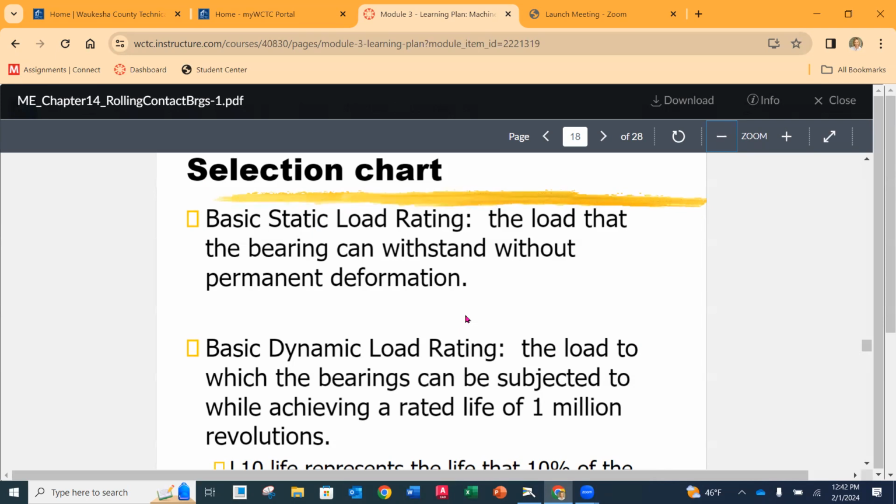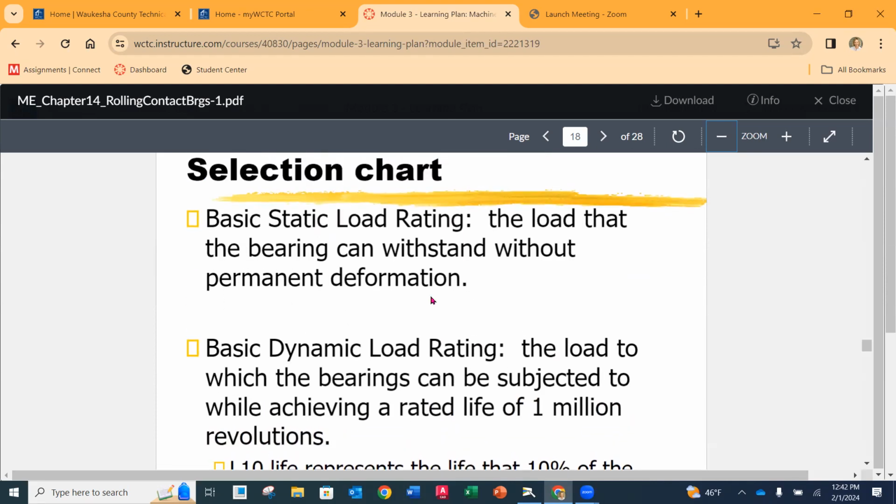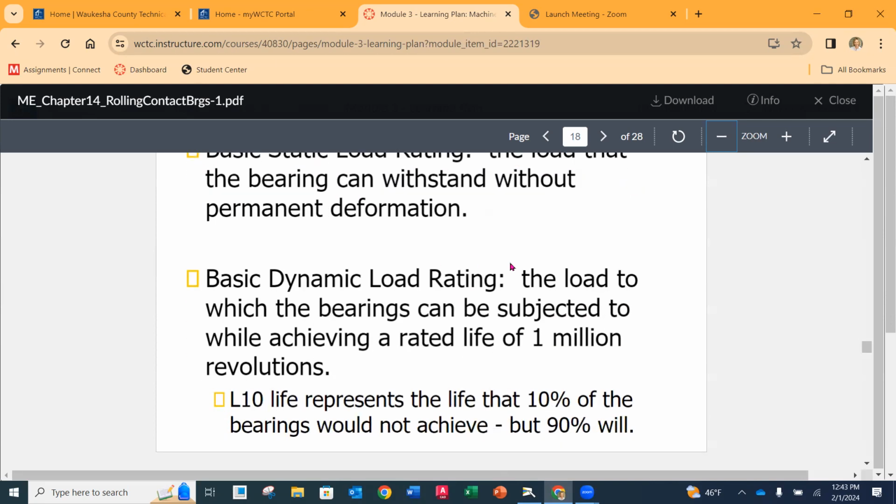The other one is the dynamic load rating. Static, dynamic, what do you think the difference is? Static would be not moving. Dynamic is now we're rolling, right? So the basic dynamic load rating is the load to which the bearings can be subjected and still achieve a rated life of 1,000,000 cycles or 1,000,000 revolutions 90% of the time.